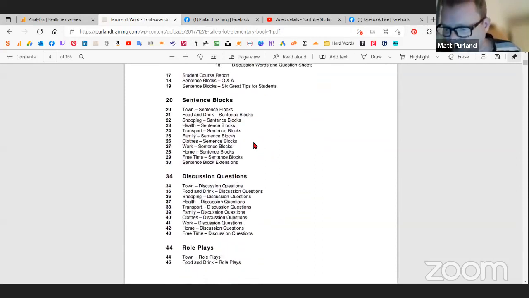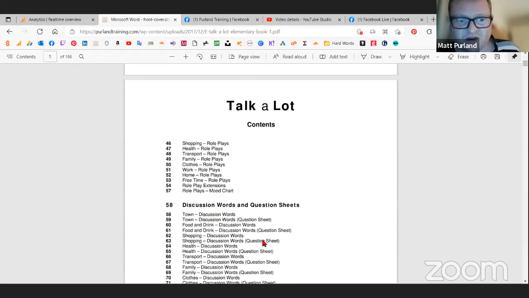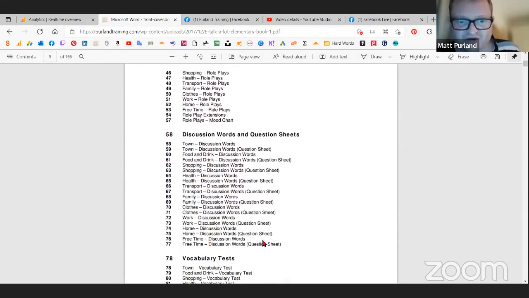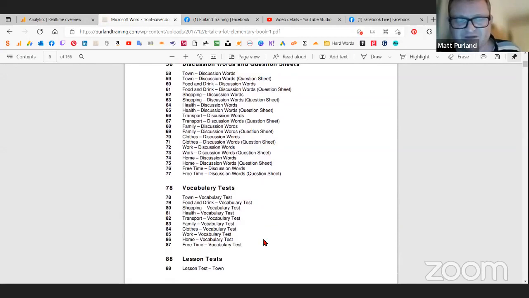So we've got sentence blocks, discussion questions, which I think is self-explanatory, role plays, which I'm sure you know about, discussion words and question sheets. I'm going to talk about those a bit more. And vocabulary tests. In the second book, there are slightly different activities.